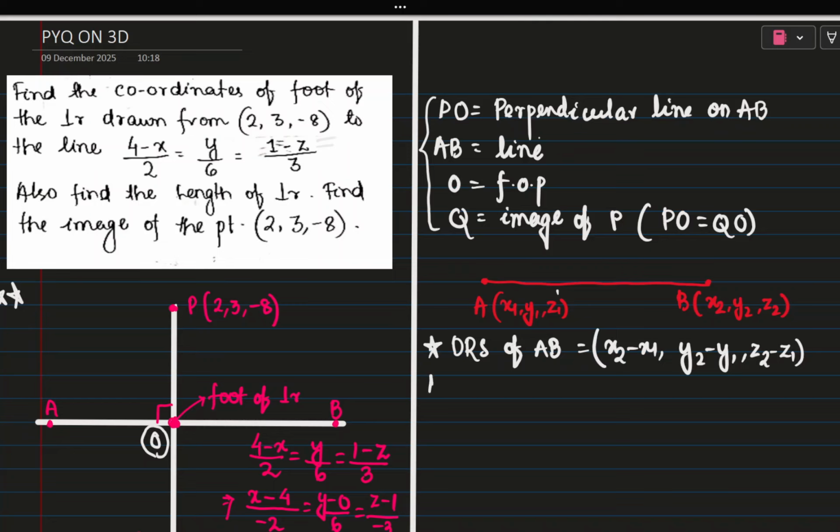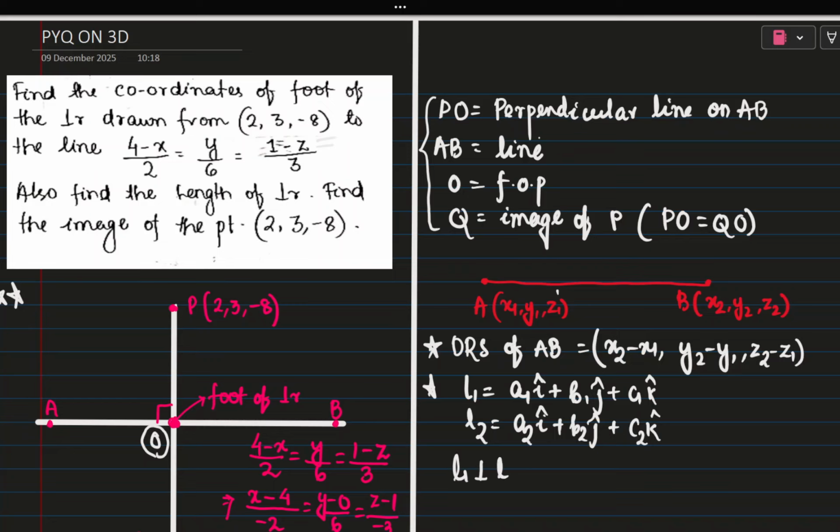This is one of the points. The second point: if two lines are there, line 1 having component form a1 i cap plus b1 j cap plus c1 k cap, and line 2 having a2 i cap plus b2 j cap plus c2 k cap, and when line 1 is perpendicular to line 2, what will happen?